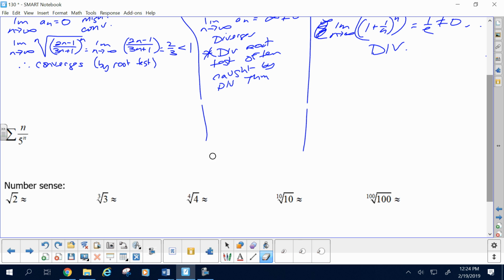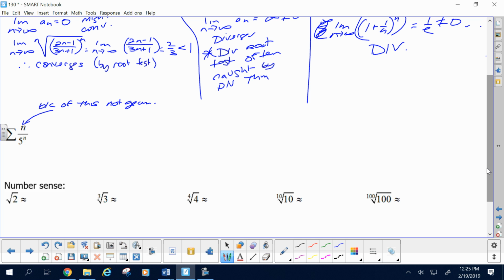All right. Look at the last one, please. This is the one that tends to freak students out. Because of the n there, it's not geometric. So we do the n plus 1. That's really gross.